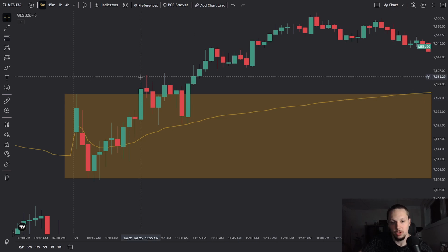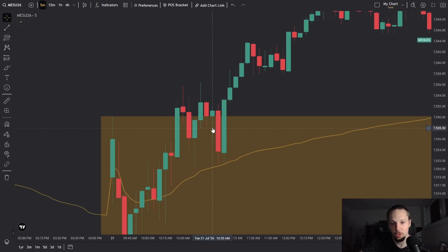So after we get our valid pullback down back into the opening range, we get this bullish candle here. It's a bullish candle that tells us that bullish pressure is there because before the candle closes, it pushes the candle body all the way back up in a hurry, creating very little wick at the top of the candle and a pretty full candle body up there.